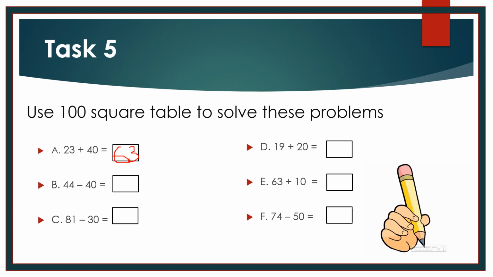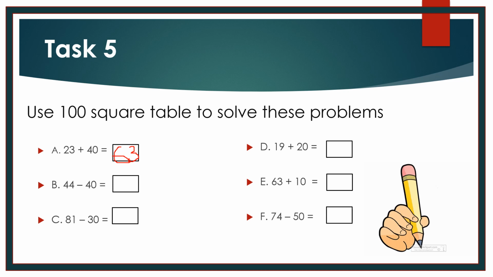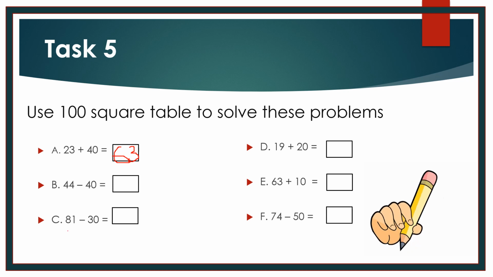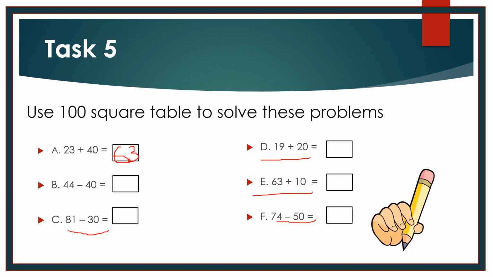Can you tell me the answer? Correct. Write the answer in your notebook. Similarly, whenever there is a subtraction, you will always count back. And whenever there is an addition, you will always count on. Okay?